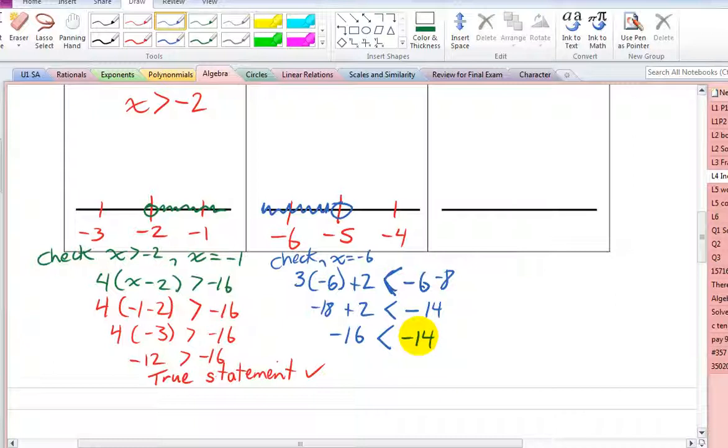Is the sign even the bigger number? Yep, so this is true. So check, we did it correctly.